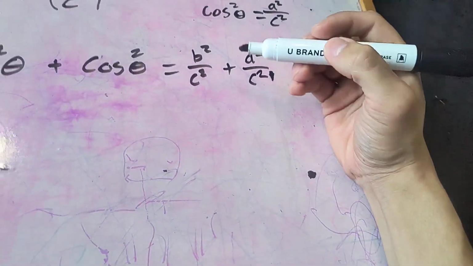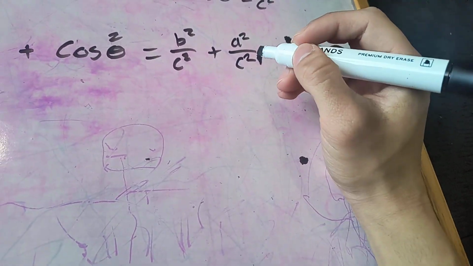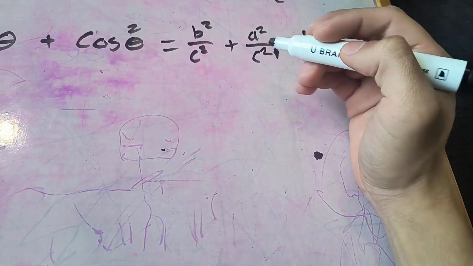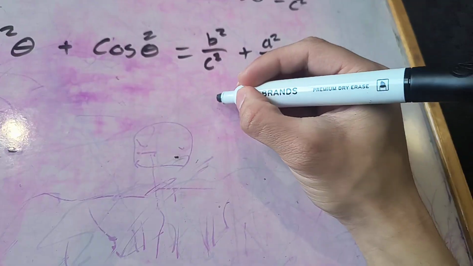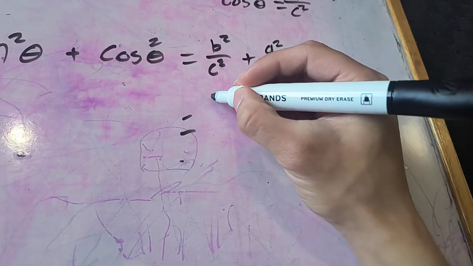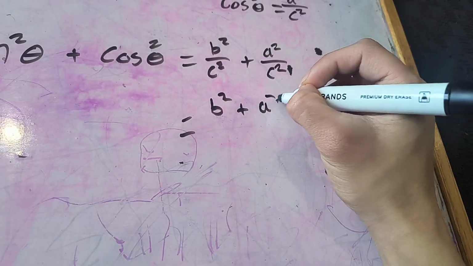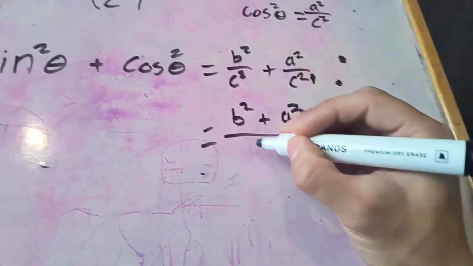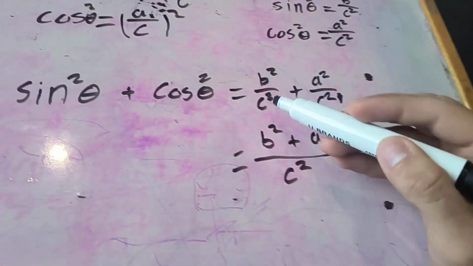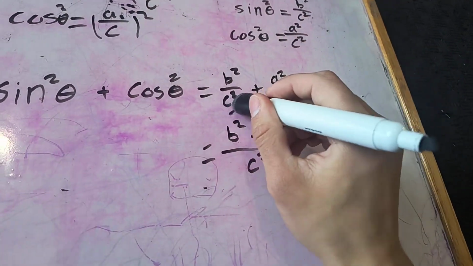What happens when we add these? They have like denominators, so this is equal to B squared plus A squared over C squared, because you don't add the denominators together. You just add the top.